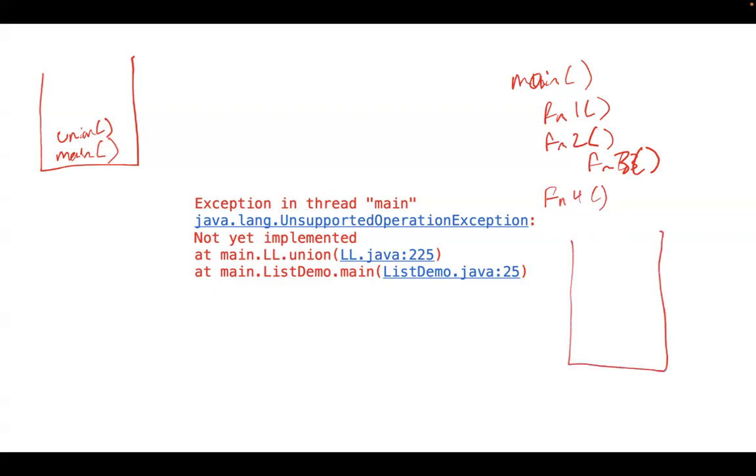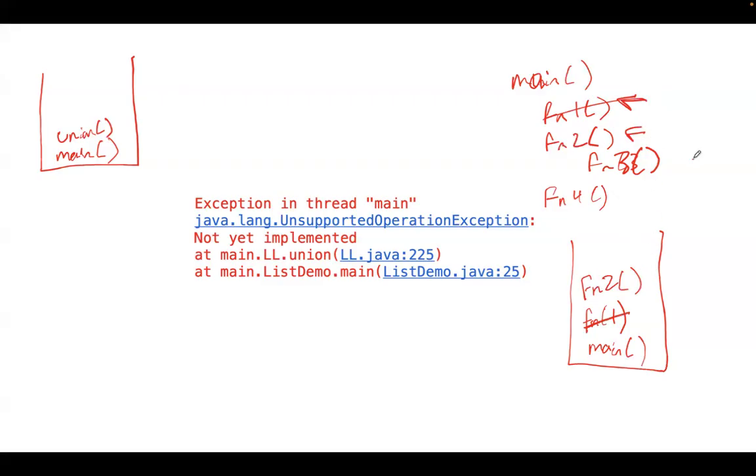First, when I run this, it's going to call main. So main gets pushed to the stack. Then in main, I call function 1. And so function 1 gets pushed to the stack. Function 1 goes and does its thing. And then it's done. Once something is done, we pop it from the stack. So that's done. And then it's time for function 2.